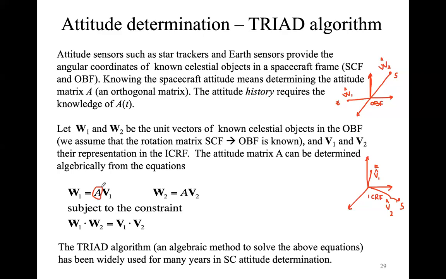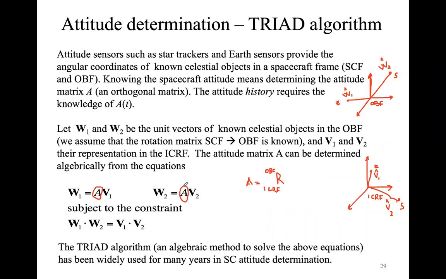So the attitude matrix is a transformation, as I already said before, the rotation matrix from ICRF to OBF. And this is the same for both vectors. So what we need to do now is to determine A for this matrix here. So these two are equal.